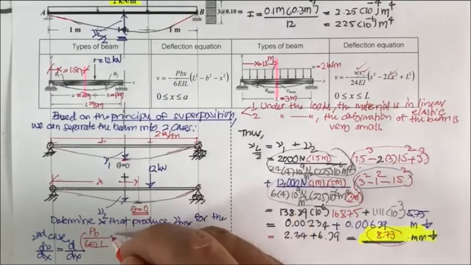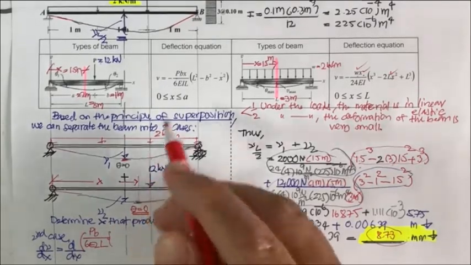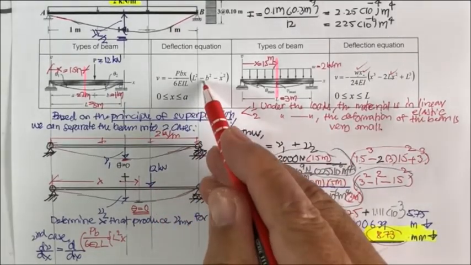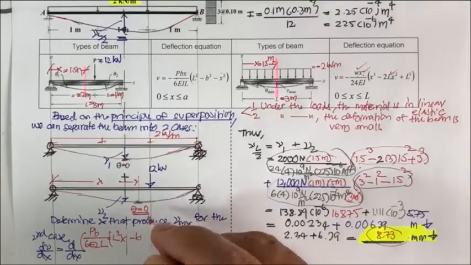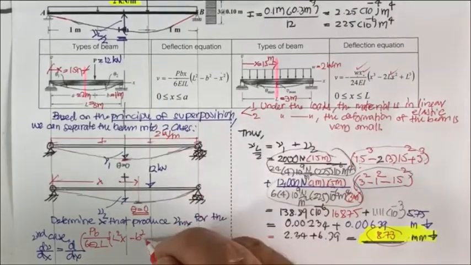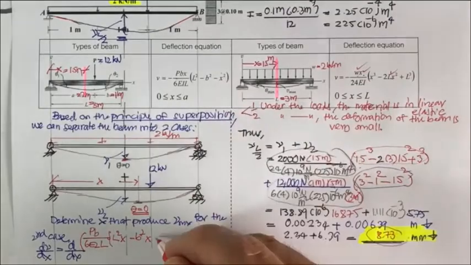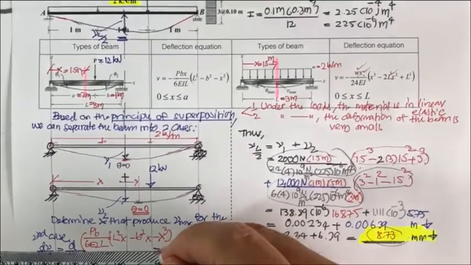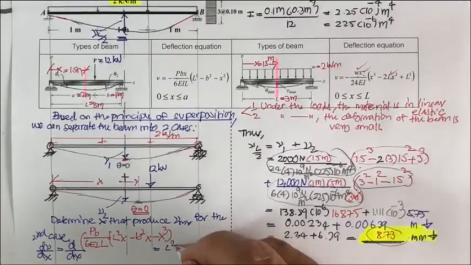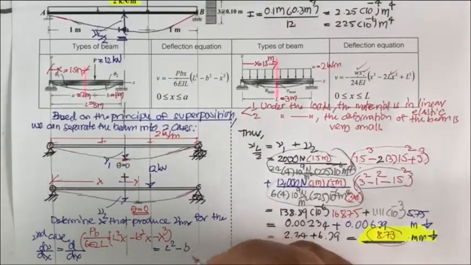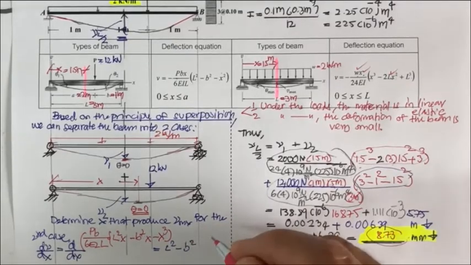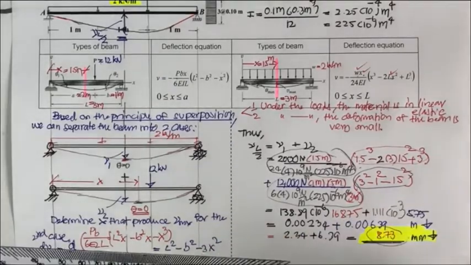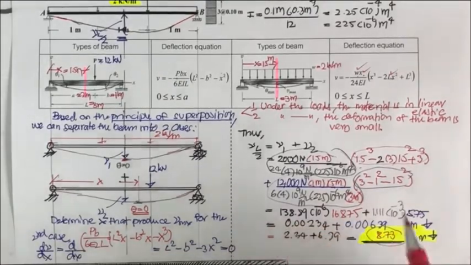Okay, and then again you get this for L square x minus b square x minus x cube. Okay, and then after you do the differentiation, the first term will provide L square, the second term minus b square, and the third term will be minus 3x square, and this is going to be equal to 0.